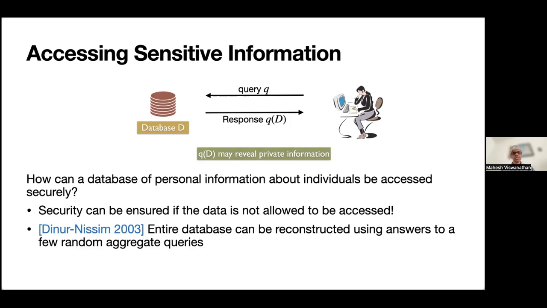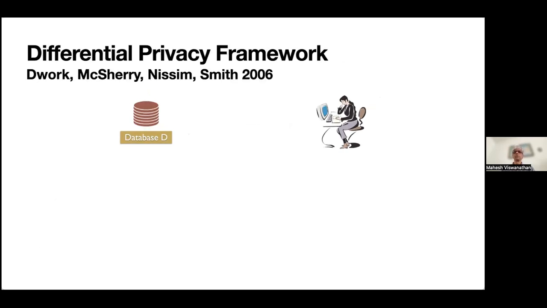There is a classical result by Dinur and Nissim, which shows that if you allow answers to a few random aggregate queries to the database, then the database can be reconstructed, and therefore private information can be revealed. The differential privacy framework was introduced to essentially try to address this issue.